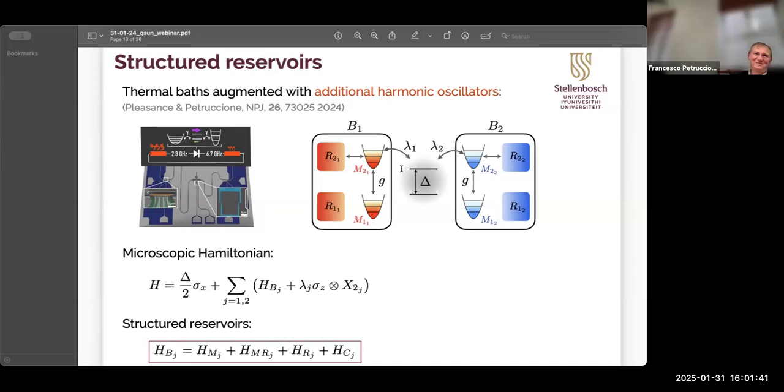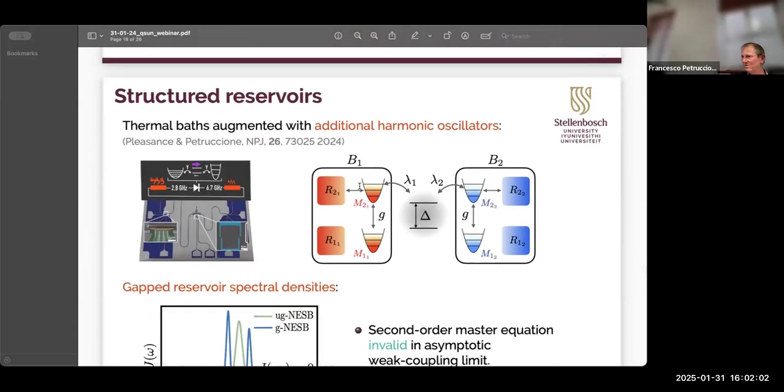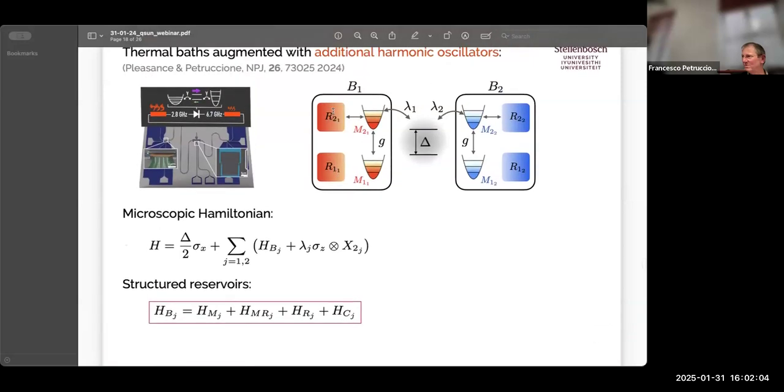I'm also recently interested in what kind of environment you use. You mean the structure of the Hamiltonian? No, the spectrum. The interaction between these components is ohmic. Okay, so it matches.